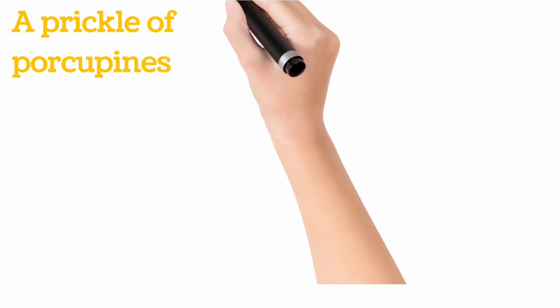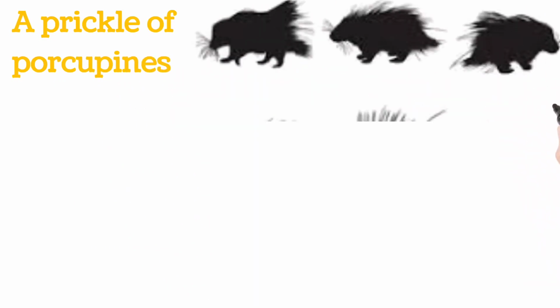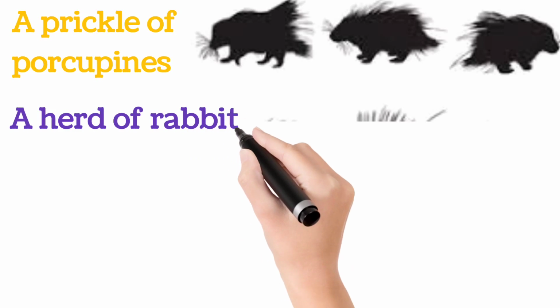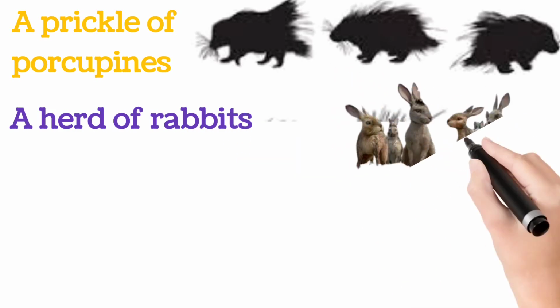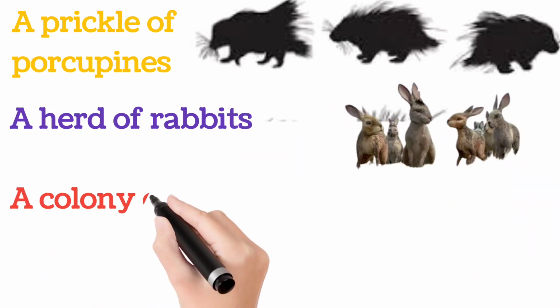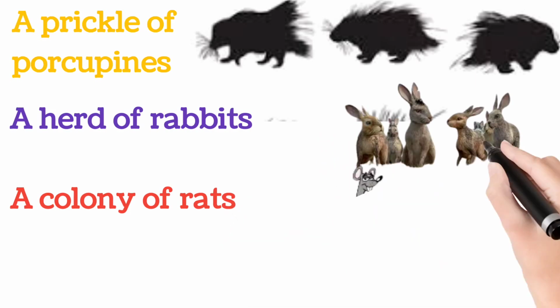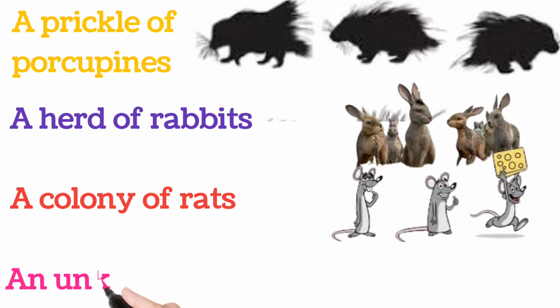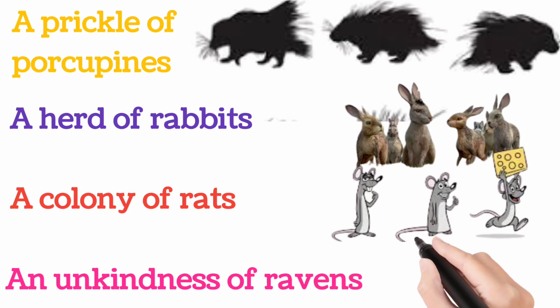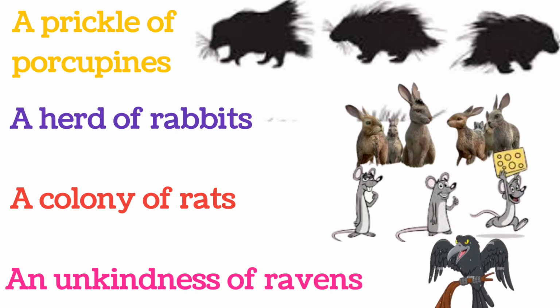A prickle of porcupines, a herd of rabbits, a colony of rats, and an unkindness of ravens. Prickle, herd, colony, unkindness are also the collective nouns.